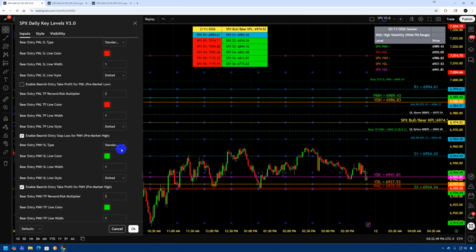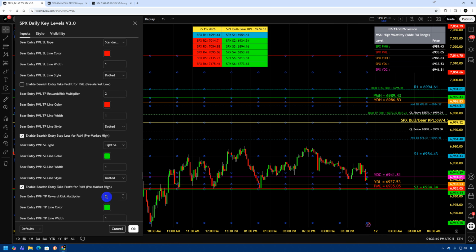So as an example, if I change this back to tight stop loss, then it's going to change the stop loss amount, and it's consequently going to change the take profit. Now the take profit is twice the amount of the tight stop loss.